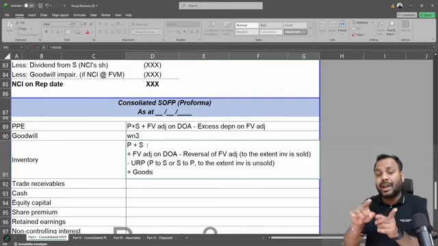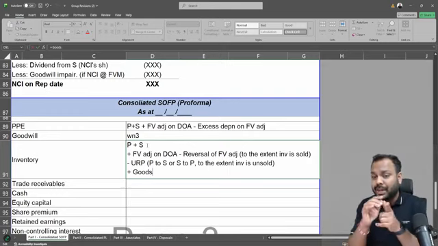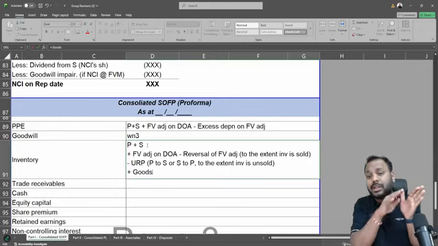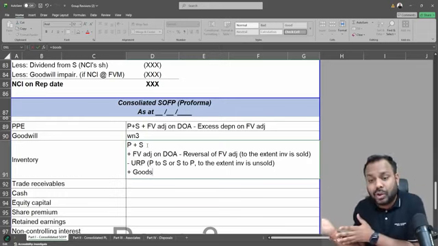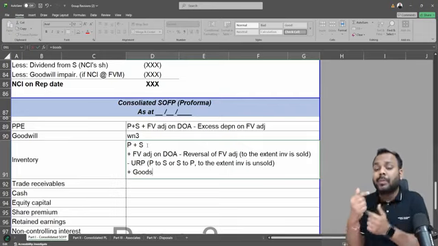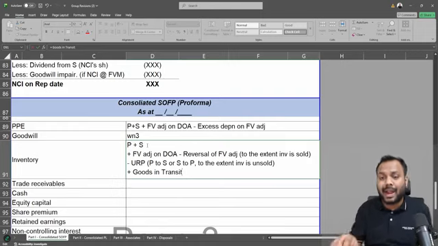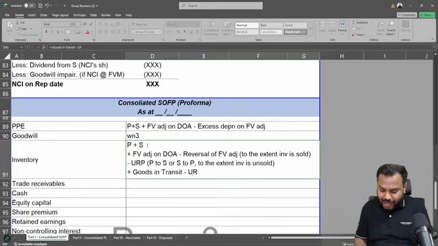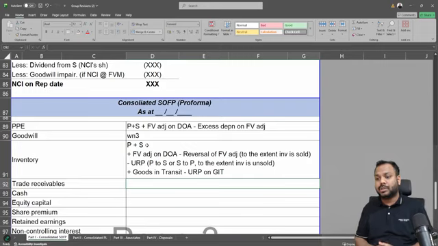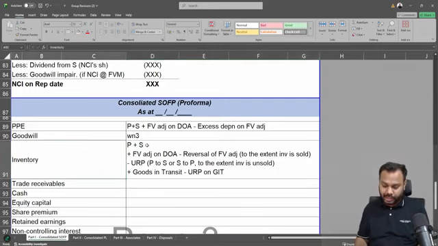In case of contra, you remember, the parent has sold the goods to subsidiary, but subsidiary has not received the goods by reporting date. So there comes a point of goods in transit. We have to add the goods in transit to inventory, and if we are adding goods in transit, we have to minus the unrealized profit on goods in transit also. Then you will get the figure of inventory.